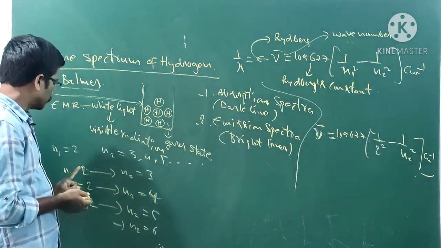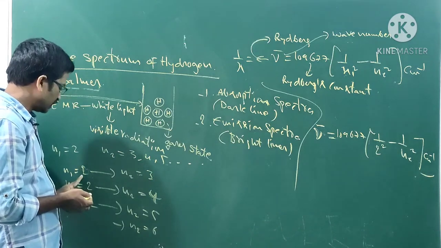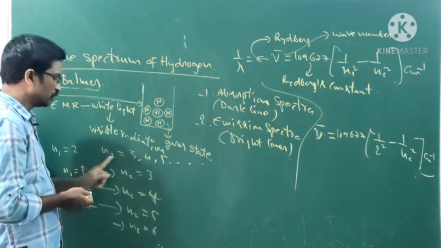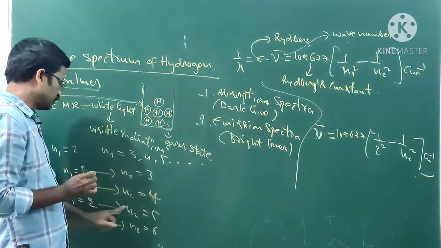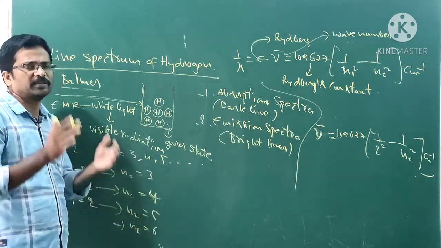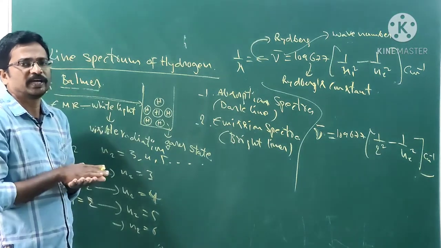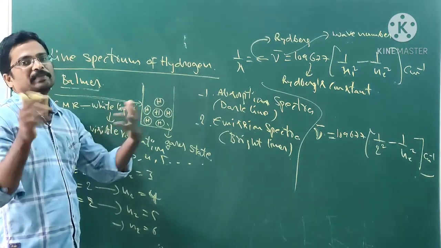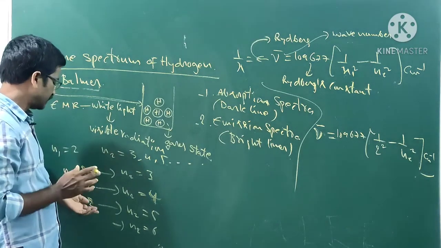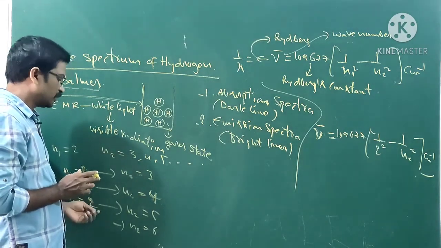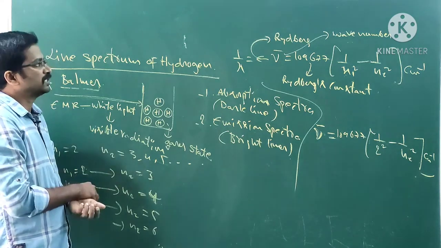Whenever the electron goes from the starting point n is equal to 2 to 3, it is a Balmer line. 2 to 4 is also a Balmer line. 2 to 5, whatever it may be, the starting point is 2, and these are known as the Balmer series.